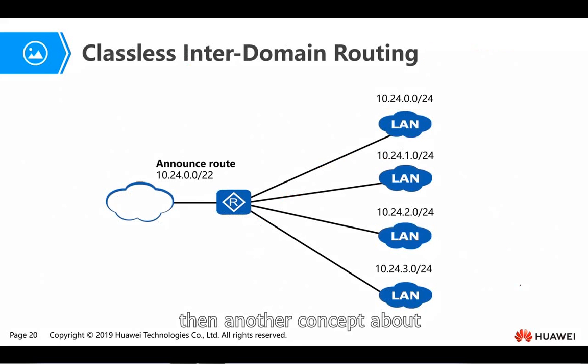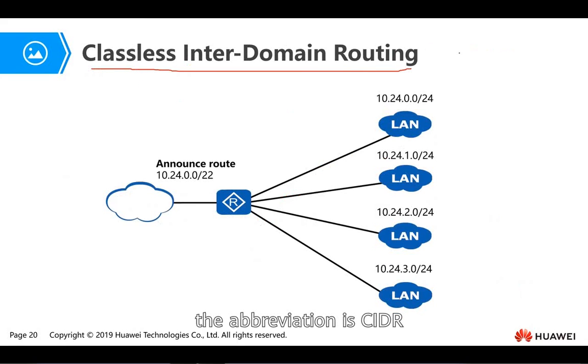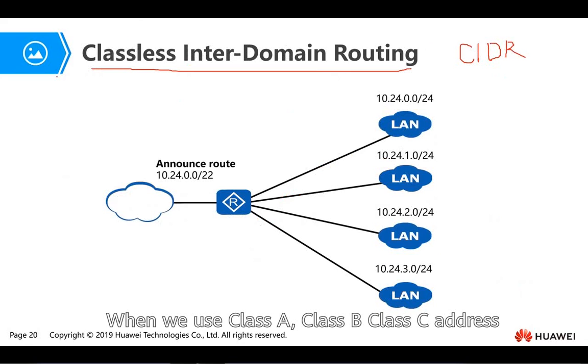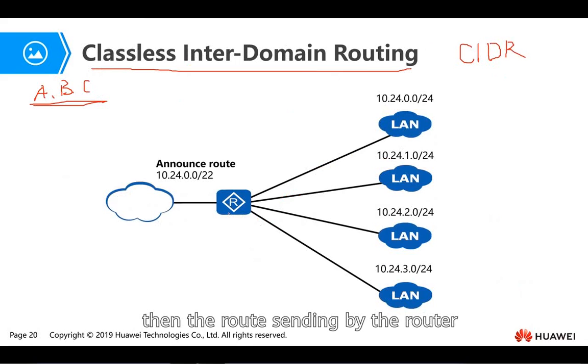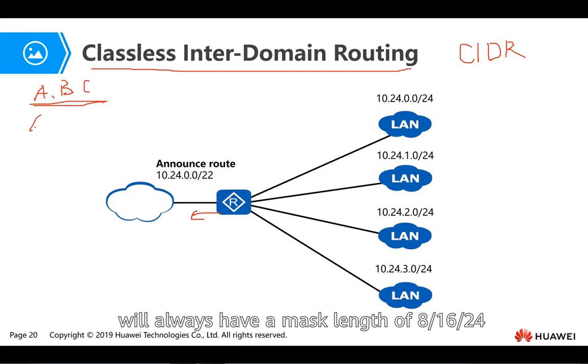And then another concept, classless inter-domain routing, the abbreviation is CIDR. What is CIDR? When we use class A, class B, class C addresses, the routes sent by the router always have a mask length of 8, 16, or 24.